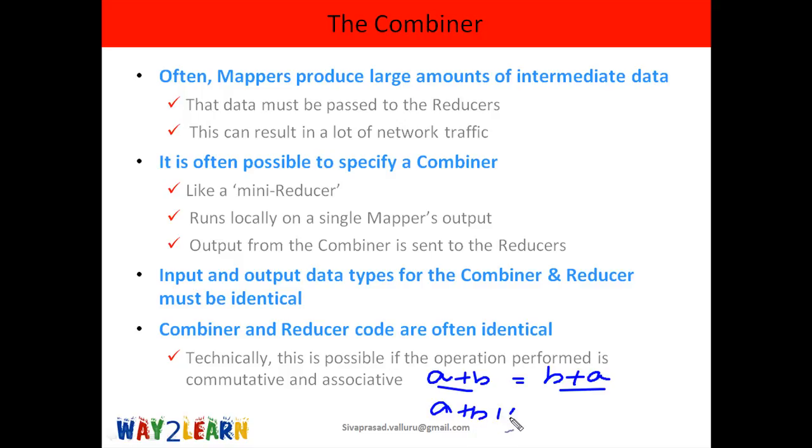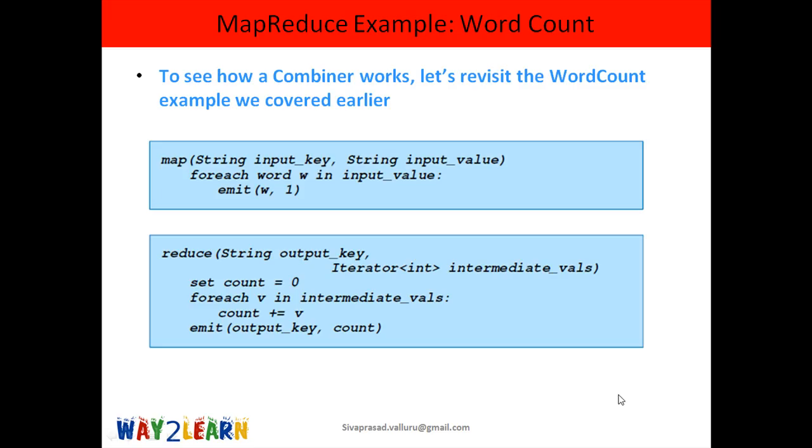A plus B plus C is equal to A plus B plus C grouped differently. Technically it is possible only if the operations you are using are commutative. Generally addition is commutative, but average is not. So you cannot use combiners for performing average kind of a thing. The output will be different. You have to be aware of this.